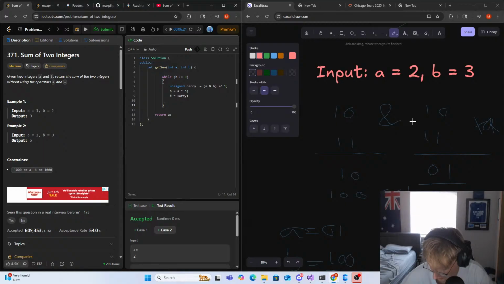Then left shift to simulate carry, and then we make B equal to our carry. So we keep simulating our carry until we get 0, and we keep XORing it and adding it.